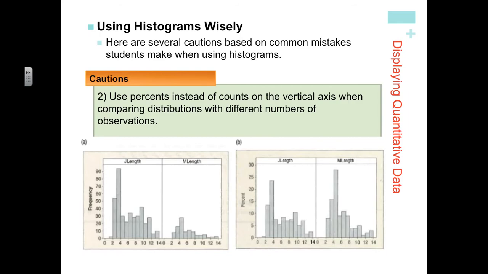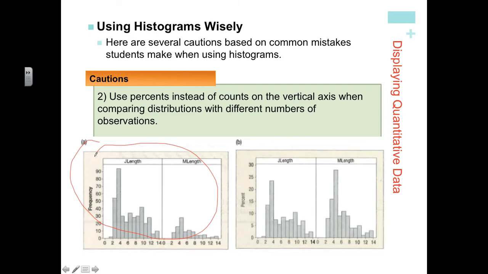The figure is misleading. It compares frequencies in this one right here in A. This is comparing frequencies, but the two samples were of very different sizes. If you heard me, I said the one sample was 100 and the other sample was 400 words.